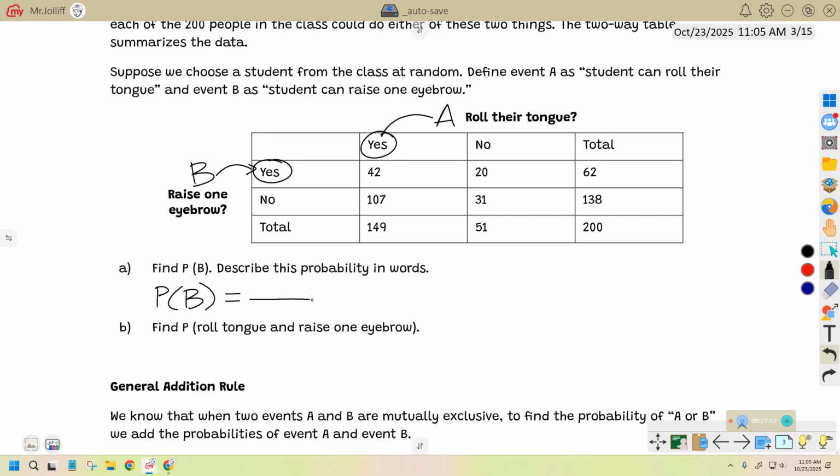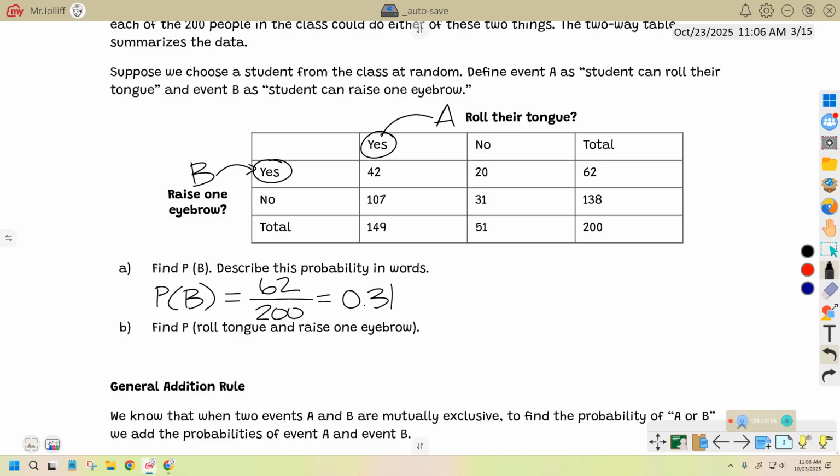Very good. We want that row total. Out of how many students? 200. Perfect. Number of students who meet that requirement for B on top, total number of students in the sample space on bottom. And I'm pretty sure that works out to 0.31. Check my math. It's been a long morning.